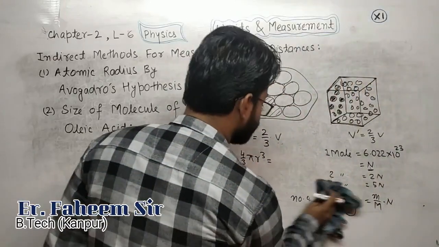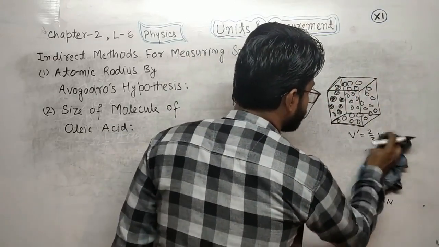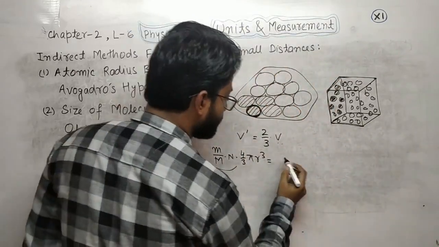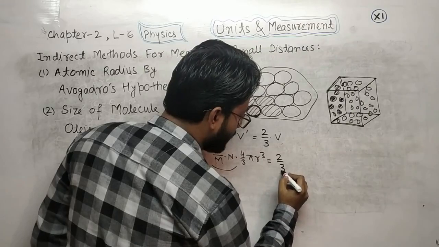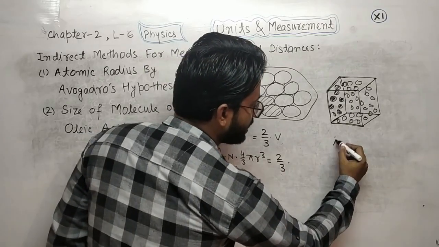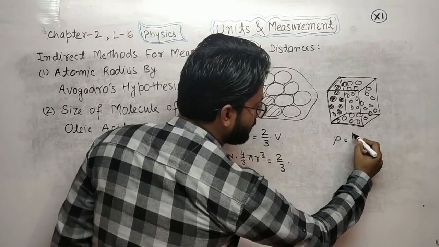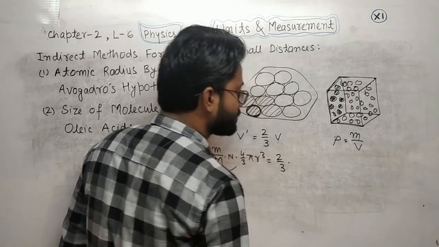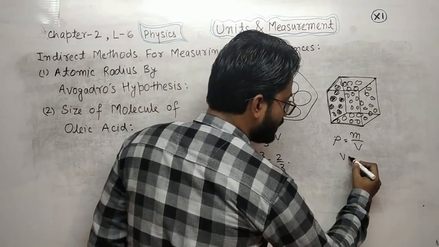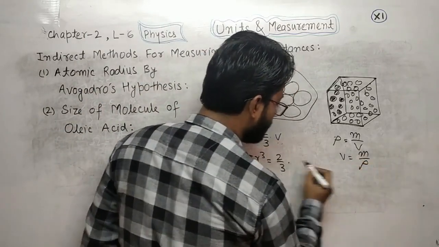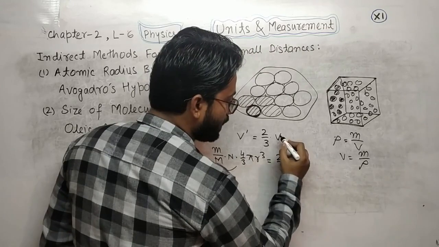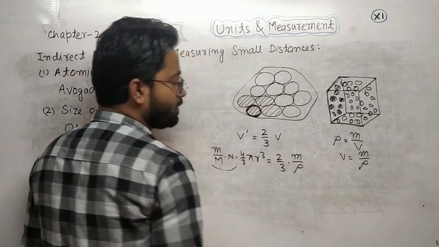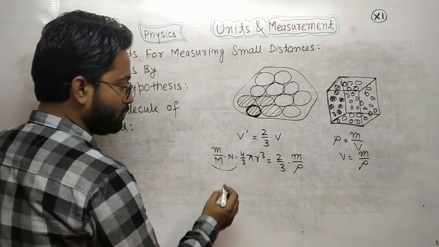Now you know that this is the 2/3 volume. You know that density is equal to mass of the substance upon volume of the substance. In place of V dash, you can write m by rho. Put the values.